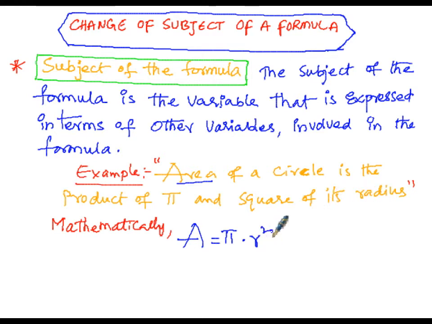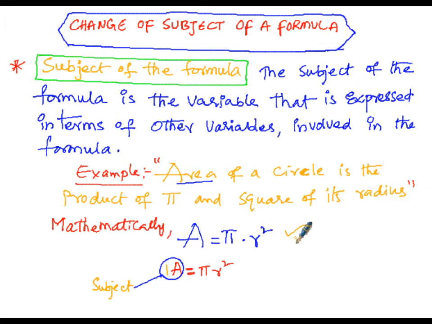In this manner we got the area of a circle as A equals pi r square, where the left hand side quantity is A and the right hand side quantity is pi r square. The left hand side quantity's coefficient is 1 in this case. Hence, for this formula, the subject is A. So we have made A the subject in this formula, A equals pi r square.